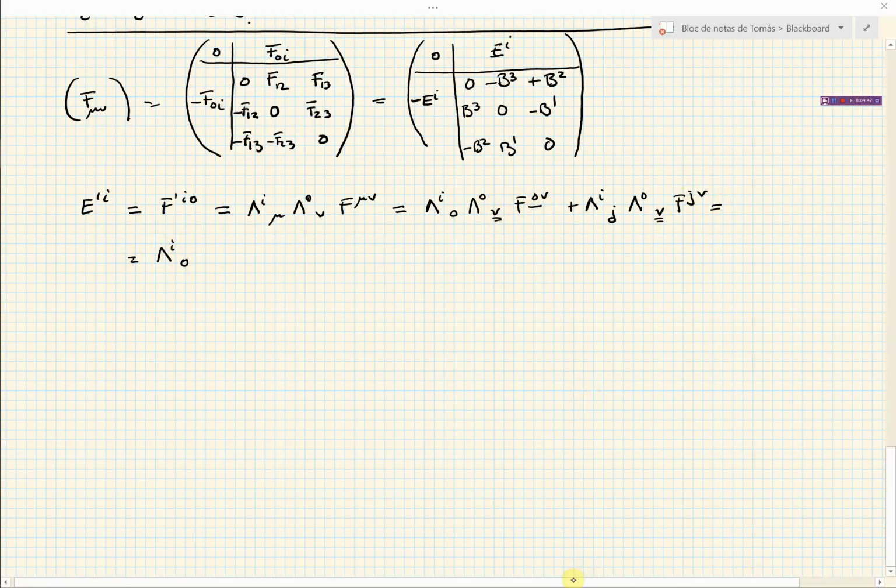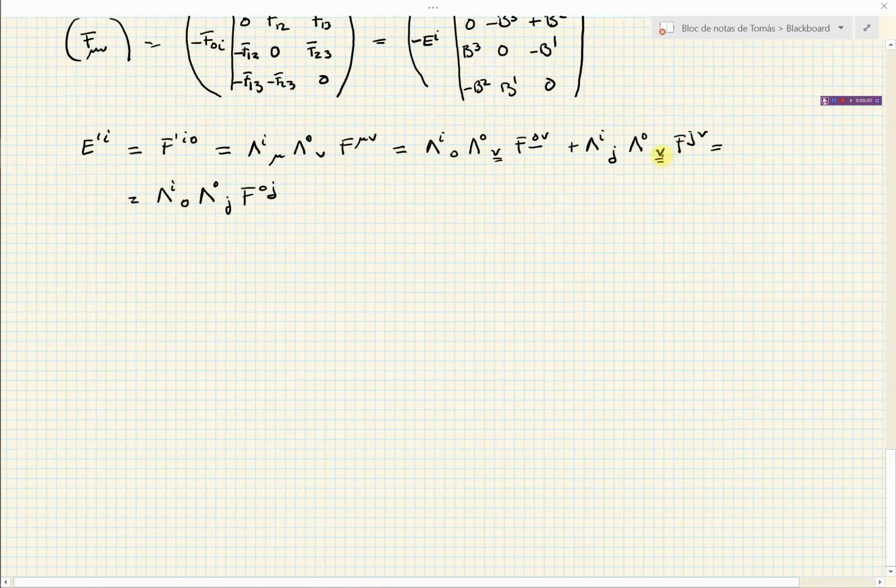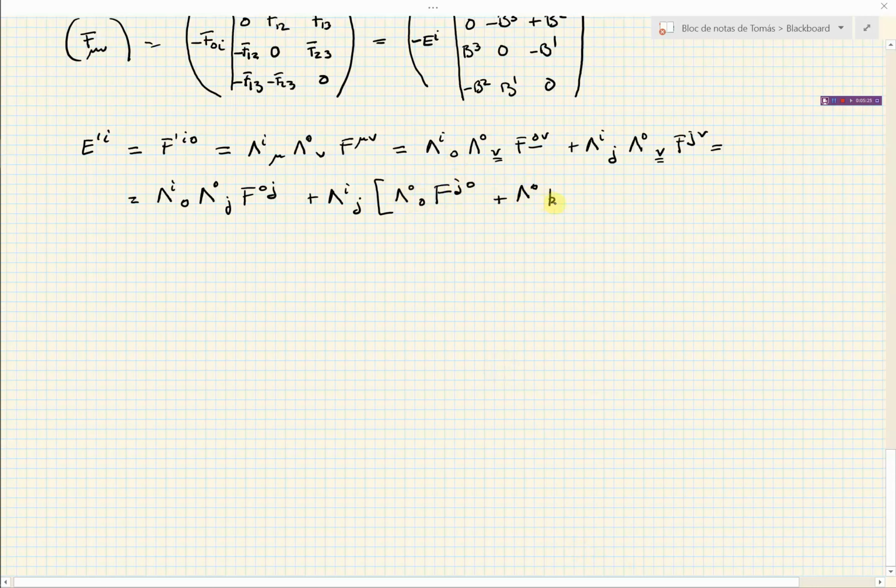So this nu has to be a different space index. So lambda 0 j, F 0 j, and here since F already has one space index j, this can be time or space. So we write lambda i j, and then we have lambda 0 0 F j 0 plus lambda 0 k F j k.